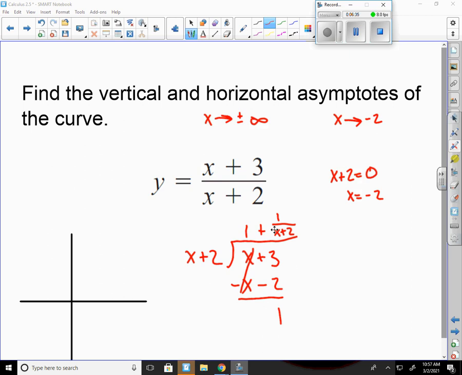So we can just rewrite y as 1 plus 1 over x plus 2. Whenever we look at this equation now, I can see what's happening.